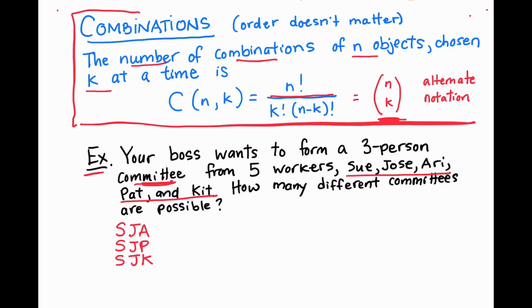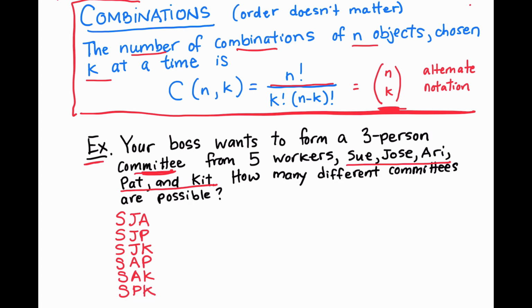Now let's suppose I put Sue with Ari and Pat, or I could put Sue with Ari and Kit, or I could even put Sue with Pat and Kit. And so those are really all the combinations that have Sue in the committee.